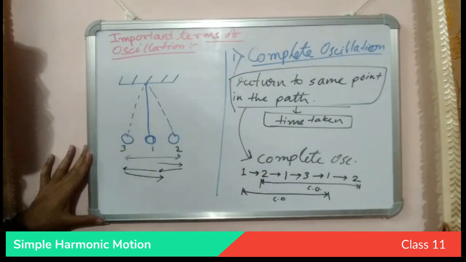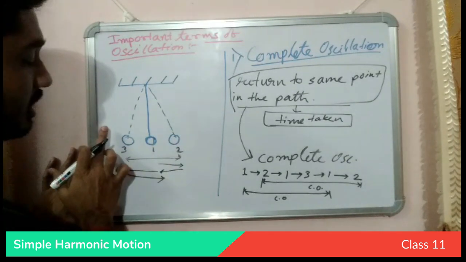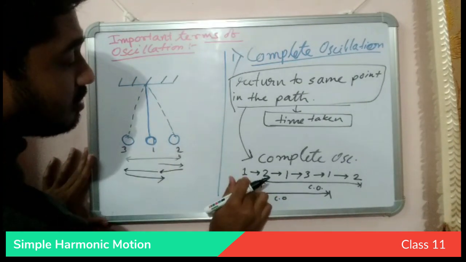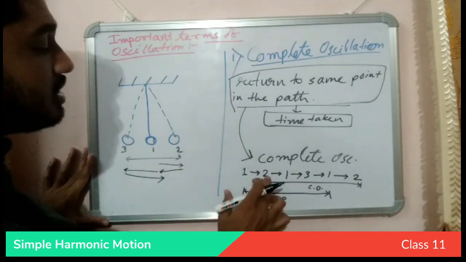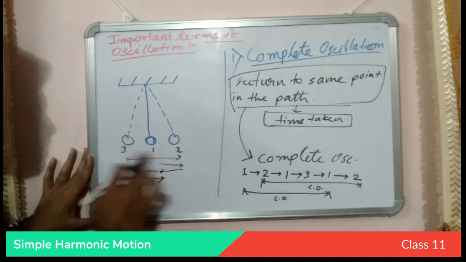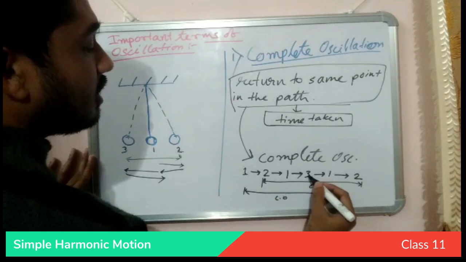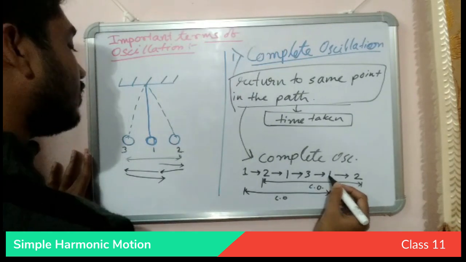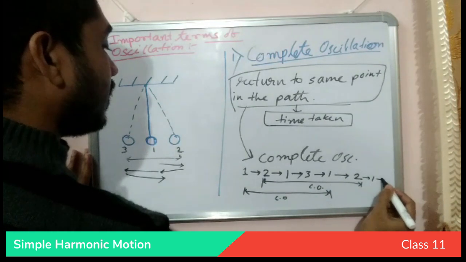No, this is not complete, because half of the motion is completed here and the rest is yet to be completed. So from this one to this one, it is a complete oscillation, or from this 2 to this 2, the position is the complete oscillation. Or it could be returning 3, 1, 2, again 1, again 3.